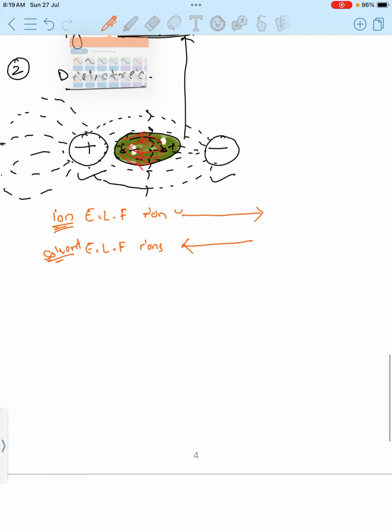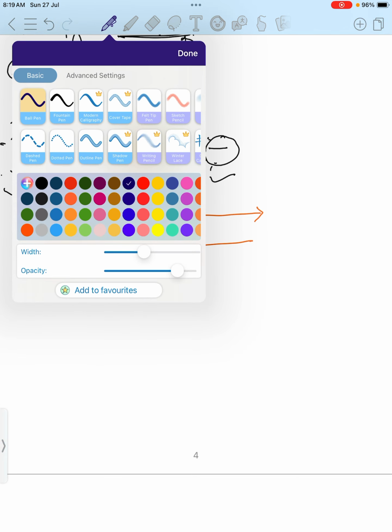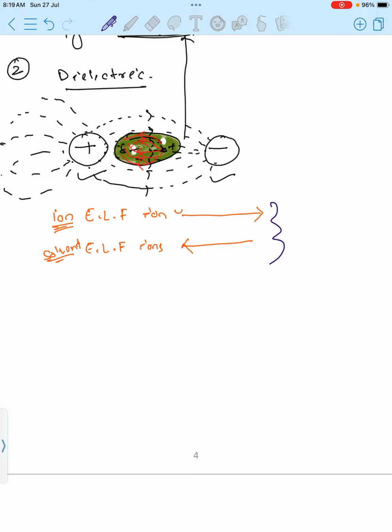So what will happen as a result of this? You can consider the electric lines of forces are acting in opposite direction.